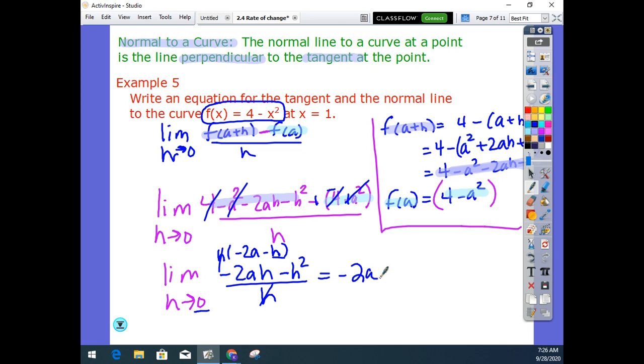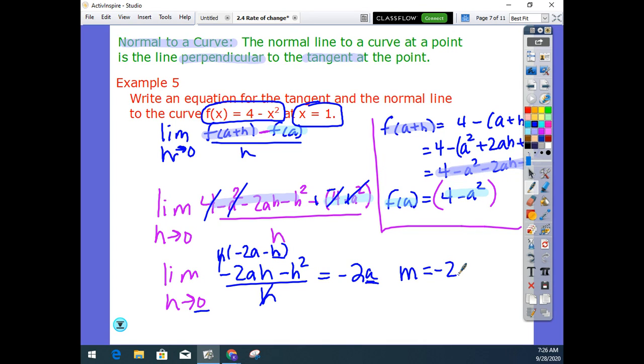Okay, and find the slope when x is 1. Notice I'm just going to keep this limit all the way through. As soon as I want to find a slope at a point, I'm going to change this to m. If a is 1, negative 2 times 1 is negative 2.